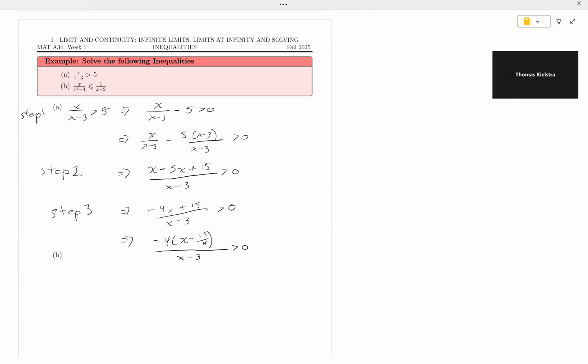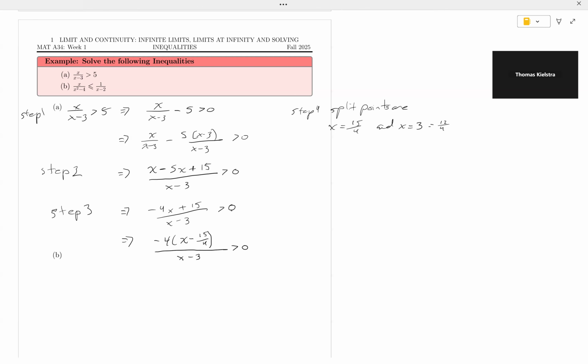My split points, which is step 4, are x equaling 15 over 4 and x equaling 3. To help figure out which one's bigger, 3 is 12 over 4, so 3 is less than 15 over 4.